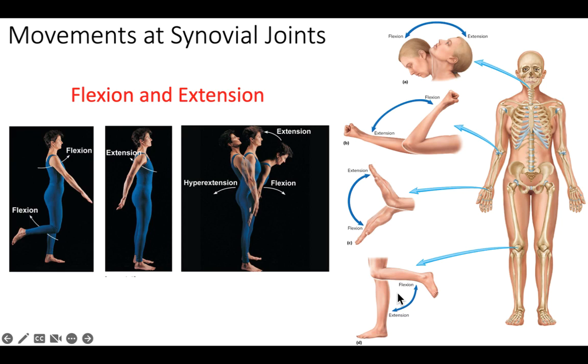Some joints will allow that little extra extension, but some joints definitely do not. So that's flexion and extension. I would practice each one of these images and better understand why we're calling it flexion. Every time you flex, think, is the angle decreasing? And when I extend, is that angle increasing?